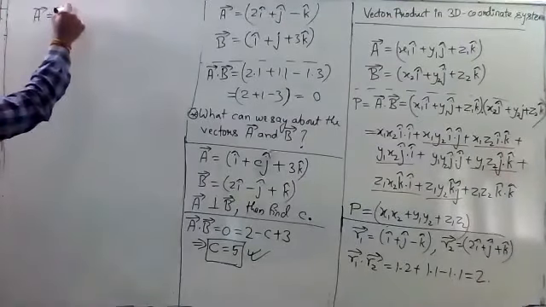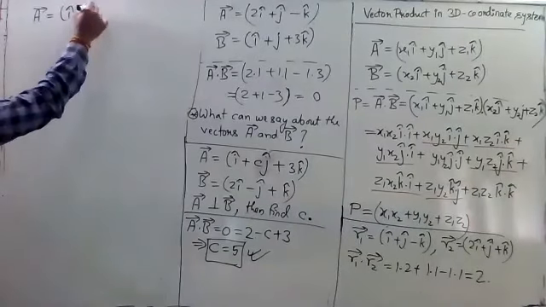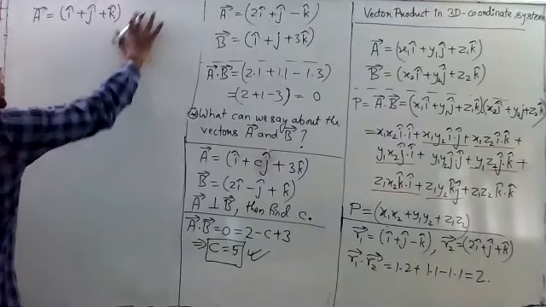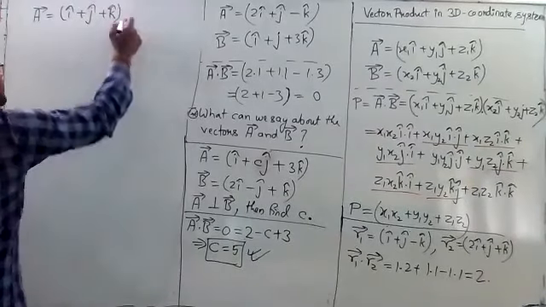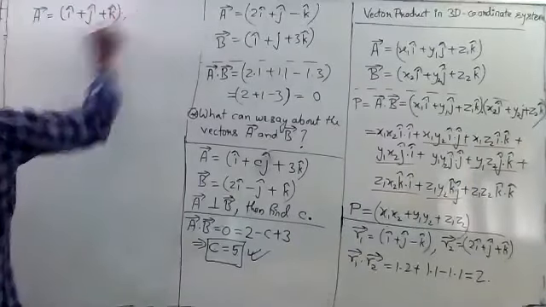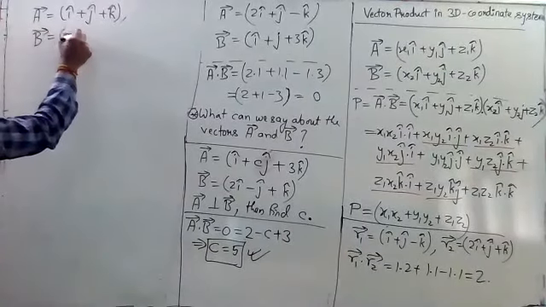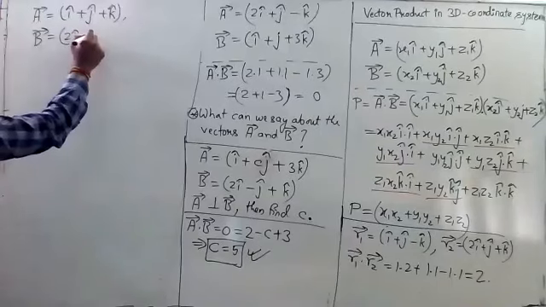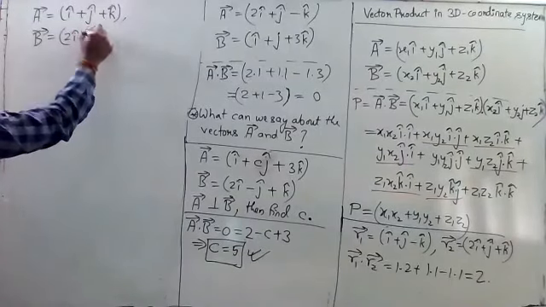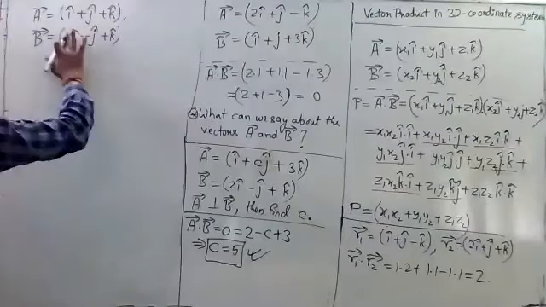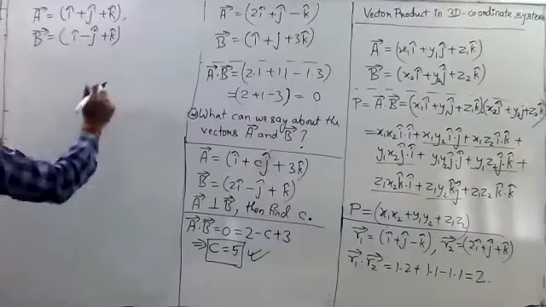A is equal to I cap plus J cap plus K cap, right? B vector is equal to 2I cap minus J cap plus K cap, or simply, suppose I write I cap minus J cap plus K cap.